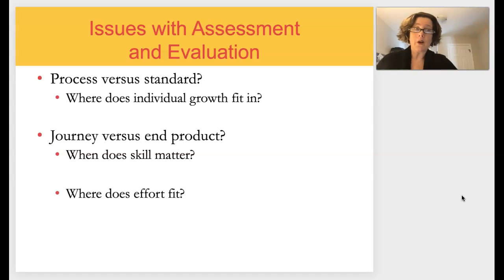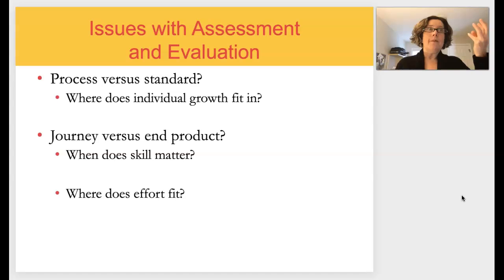Lots of school boards are going away from including effort on the report card. It's obviously still in the classroom an admirable characteristic, but lots of school districts are going away from effort being part of their official evaluation or report card grade, because again, it's seen as really subjective, and basically it kind of goes back to that standards idea.